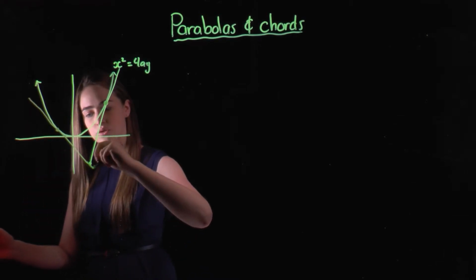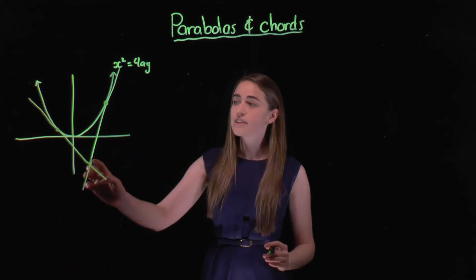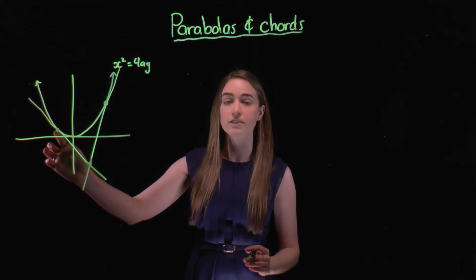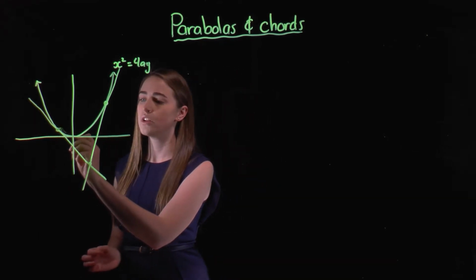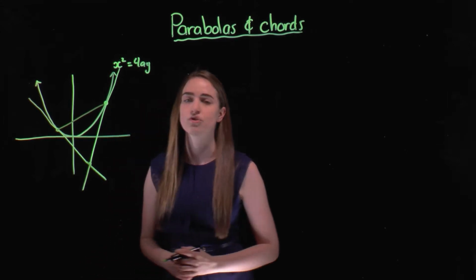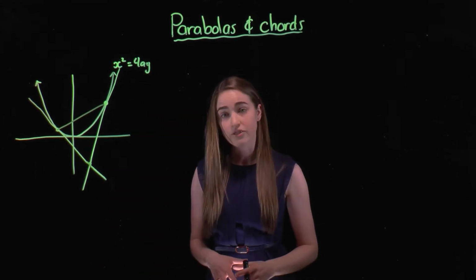So we've got 2 tangents drawn from that point. So this is our external point. We've got 2 points of contact. If we join those together, the chord that they make, that chord drawn in there, is called our chord of contact. So let's have a look at those.